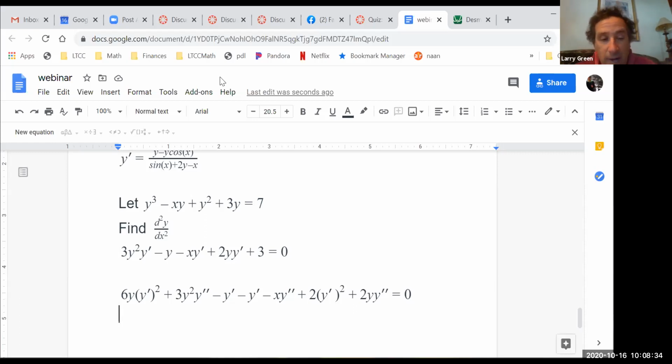Yeah, solve for y double prime. So I'm going to combine the like terms of y double prime and move everything else over to the right. So we have a 3y squared for a y double prime, just going through. Then we have a minus x, and then we have a plus 2y. Y double prime equals, and then we're going to have a 6y, y prime squared with a negative.